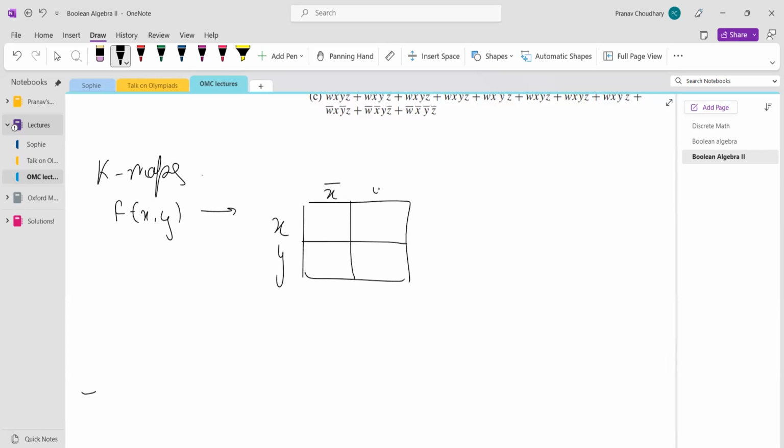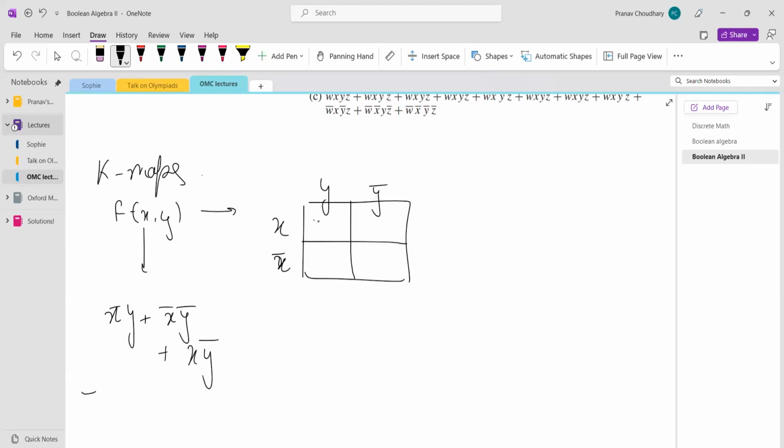We write x and x conjugate in the rows, so the first row represents x, the second row represents x conjugate, and the columns represent y and y conjugate. Suppose f of x comma y is x conjugate y plus x conjugate y conjugate plus xy conjugate.